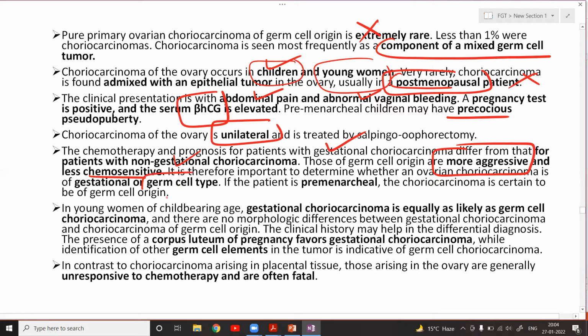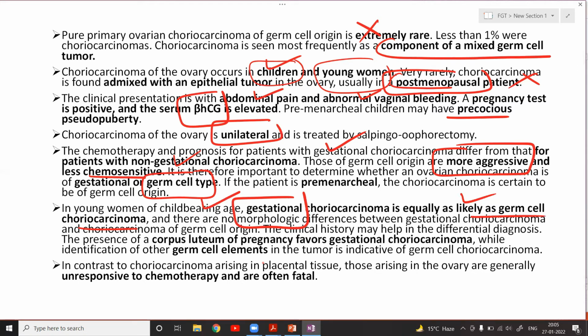If it is of germ cell type, arising in post-menopausal women, the prognosis becomes very, very bad. Whereas the prognosis for one arising in children and young women, that is the gestational variety, is quite better. So in young women of childbearing age, gestational choriocarcinoma is equally as likely as germ cell choriocarcinoma. Just remember this point.